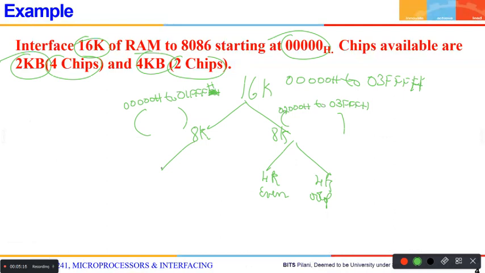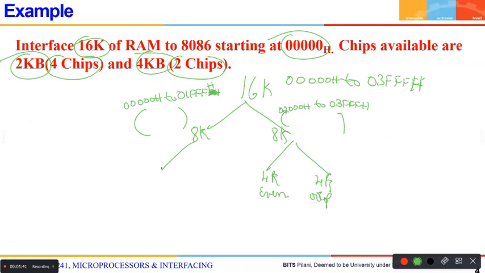Do you need any address range for this 4K and this 4K? You don't require it, because this is the address range of 8K. Out of this, all even addresses will come into this 4K and all odd addresses will come to this 4K. So I need not write the address; writing even and odd is enough.